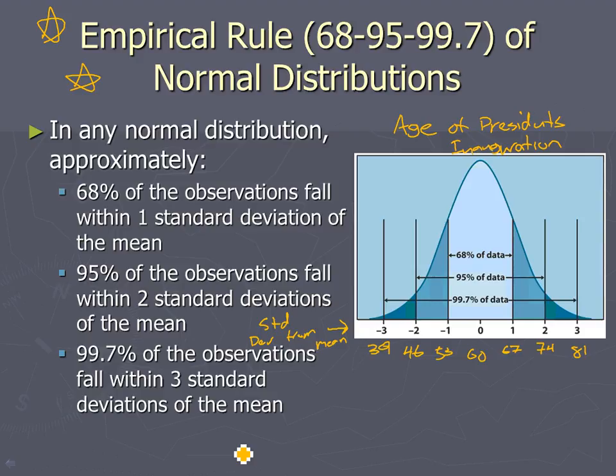Okay? And here's the key. Here's the beautiful thing about normal distributions. 68% of the observations will fall within one standard deviation of the mean. 95% are going to fall within 2 standard deviations of the mean. And 99.7% of the observations are going to fall within 3 standard deviations of the mean, so long as your data is normally distributed. And you should write these down and go ahead and sketch this.